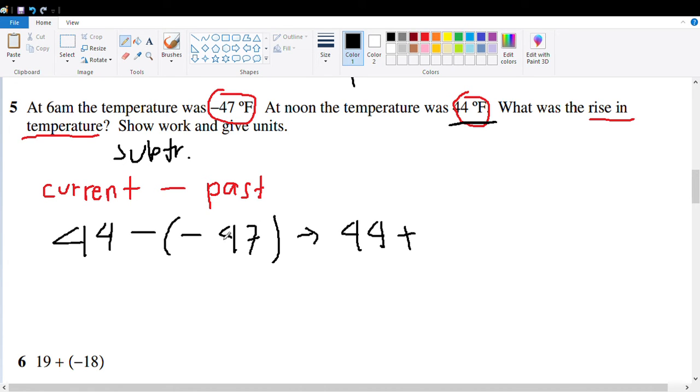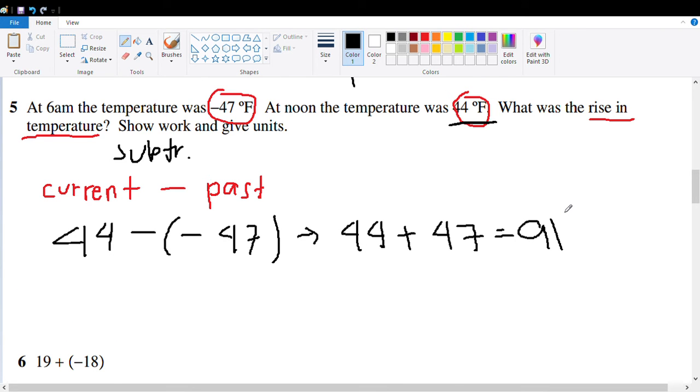So what's the opposite of negative 47? Positive 47, right? So we're going to add 44 and 47. 44 and 47 should give you 1, carry over 1, and then we get 91. So the answer is 91.